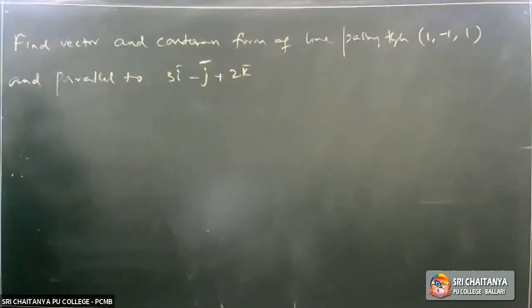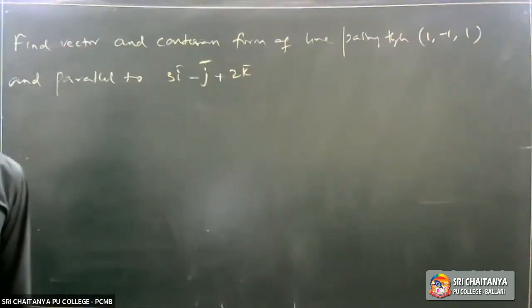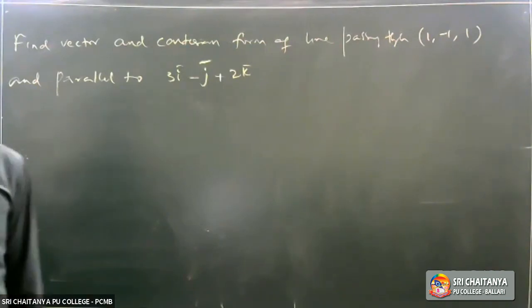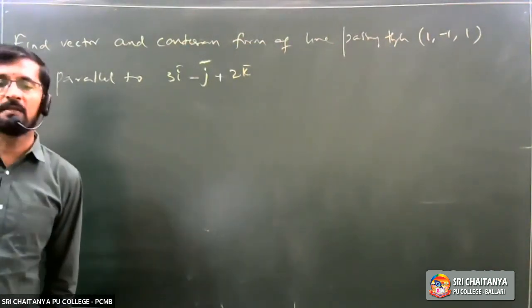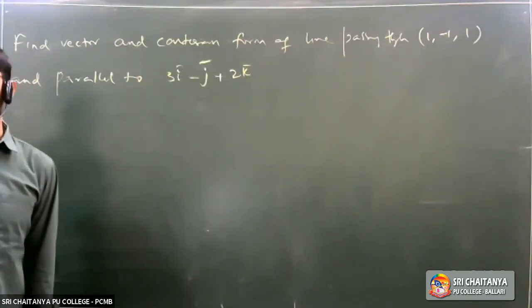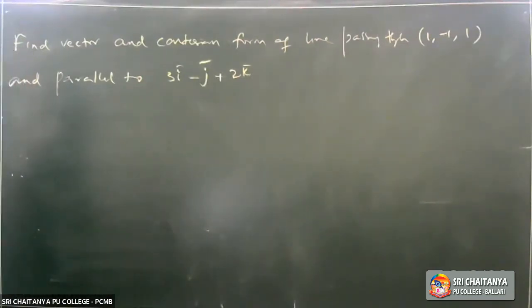Copy this one. Find the vector and Cartesian equation of a line passing through one point and parallel to another vector.